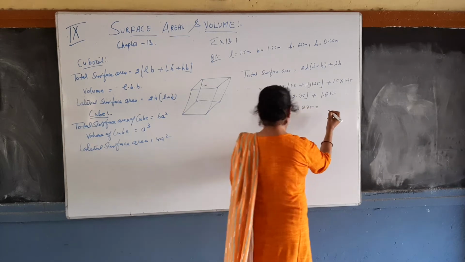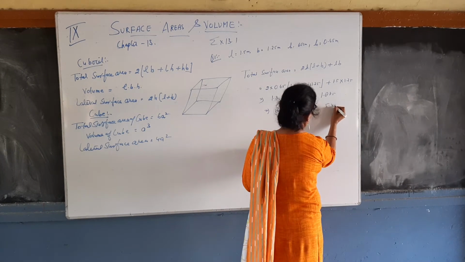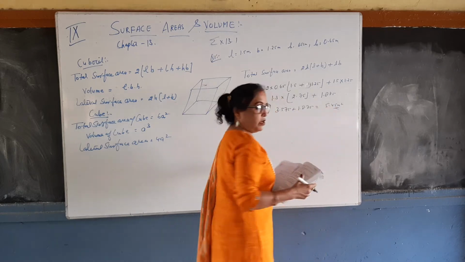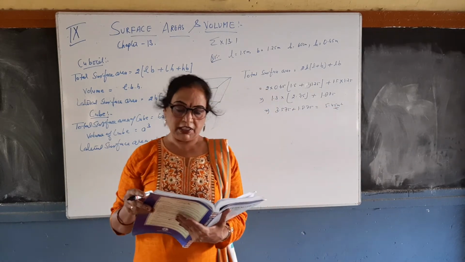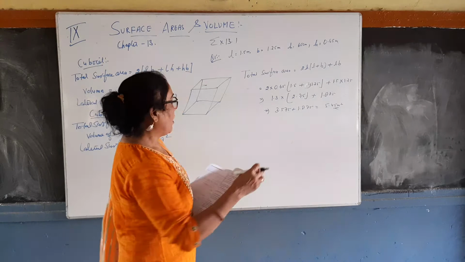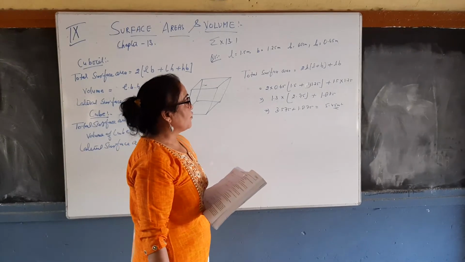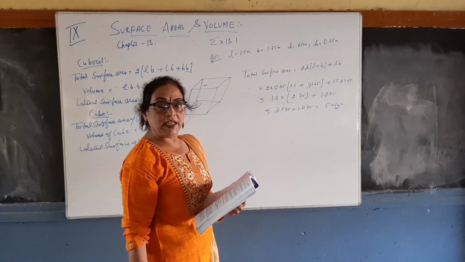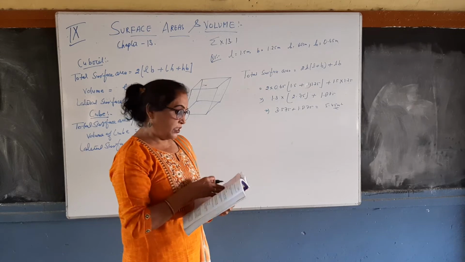So total will be 5.45 meters square. The area of the sheet required for making the box is 5.45 meters square. This much sheet is required.